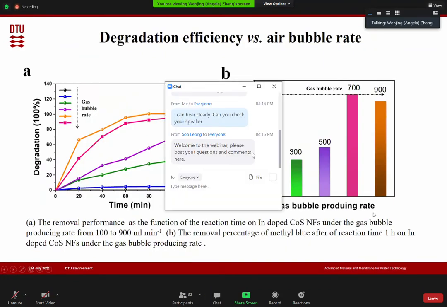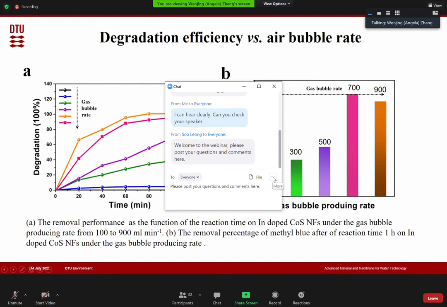Also what we found is that this degradation efficiency is highly related to the air bubble rate. Here you can see the air bubble rates, from 100 all the way to 900 milliliters per minute, and you will get different degradation efficiencies.